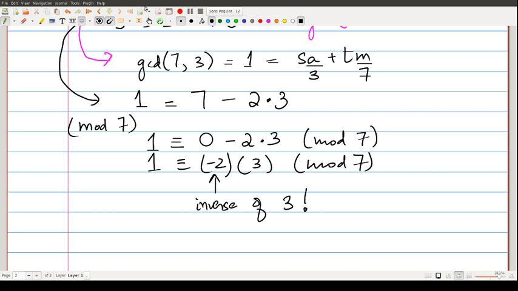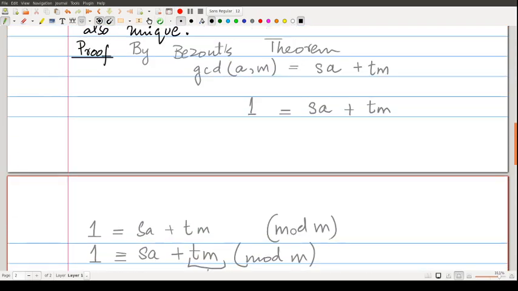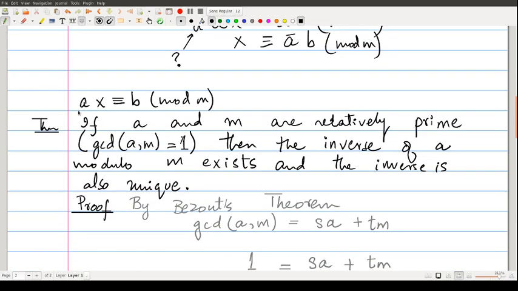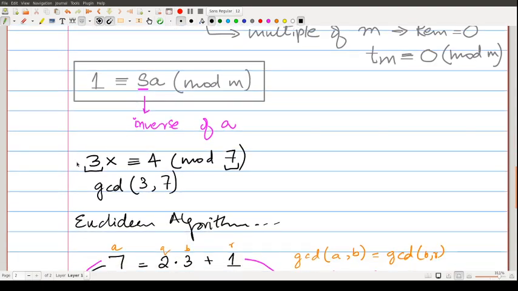Which part? I'm doing the Euclidean. Why is 1 mod 7? Well, firstly, let me answer your first question: why am I doing this? I'm trying to find the inverse of 3, so that when I multiply that inverse over here, I can get rid of this 3 and I will have the answer for x.